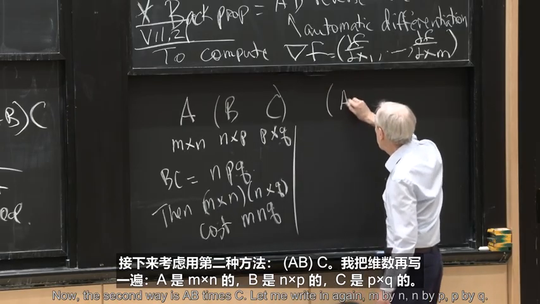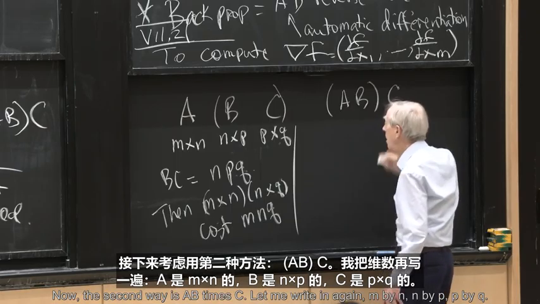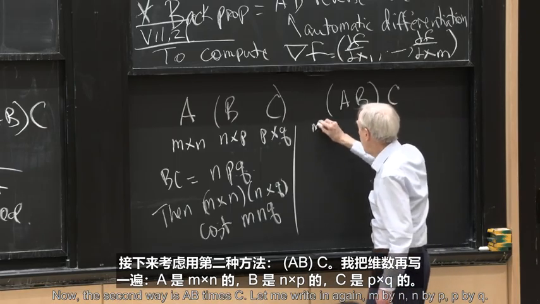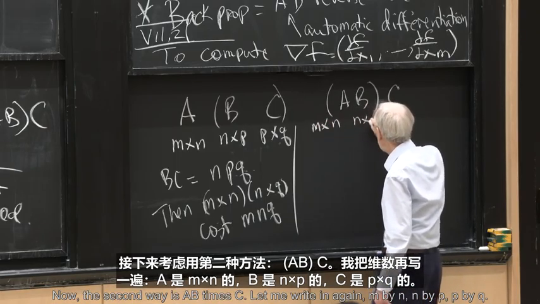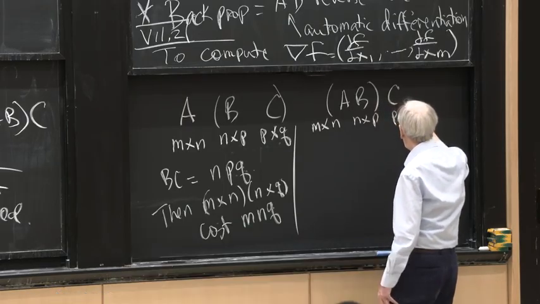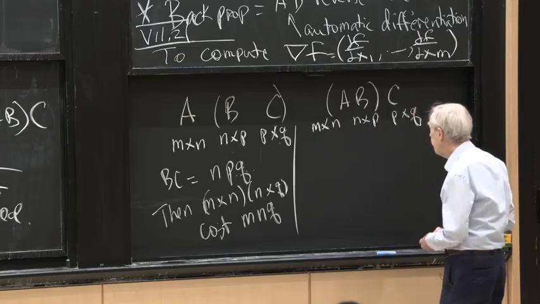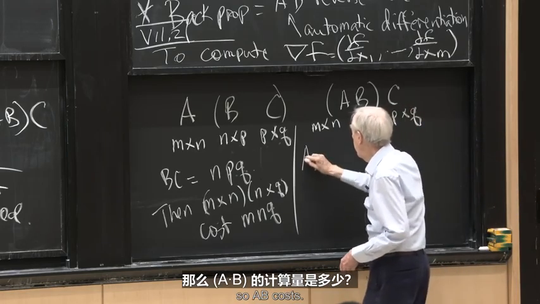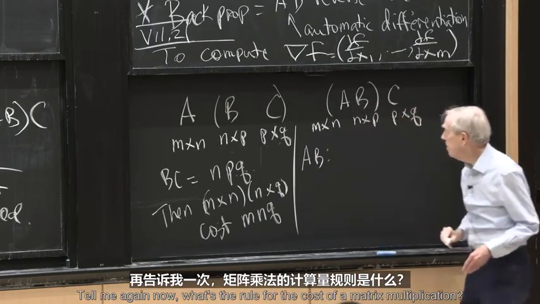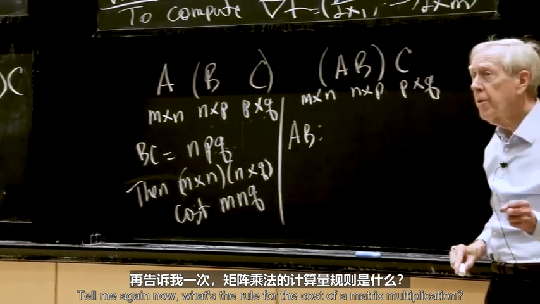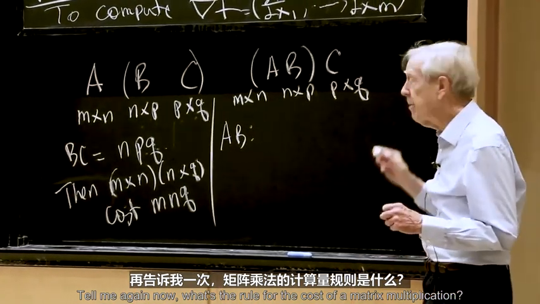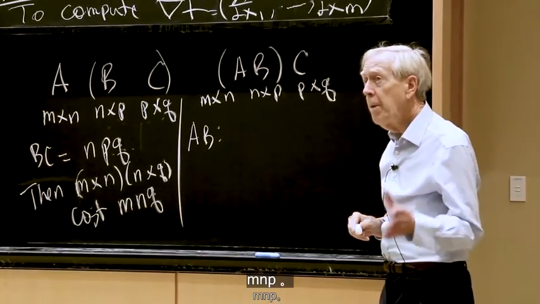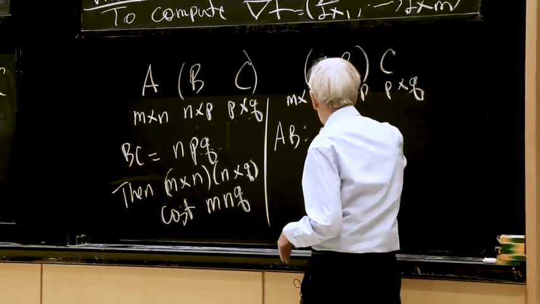Now the second way is AB times C. Again, m by n, n by p, p by q. So now I'm doing AB first. What's the rule for the cost of a matrix multiplication? MNP.